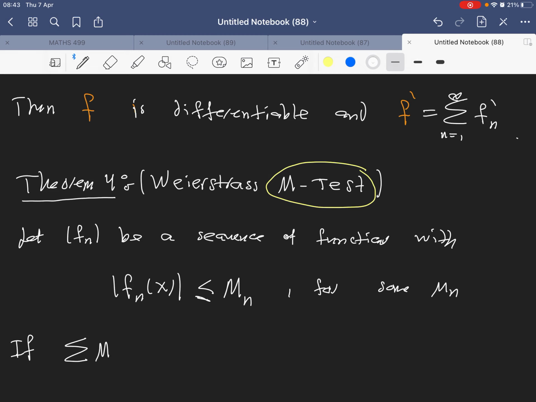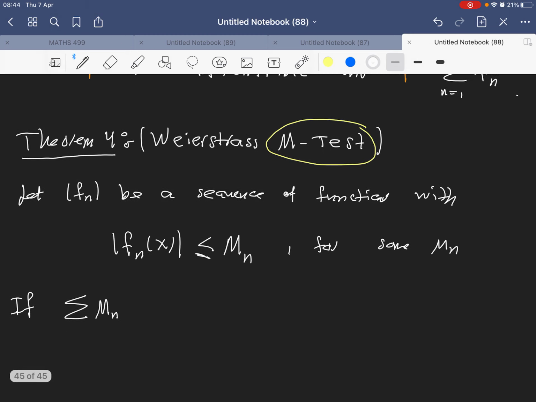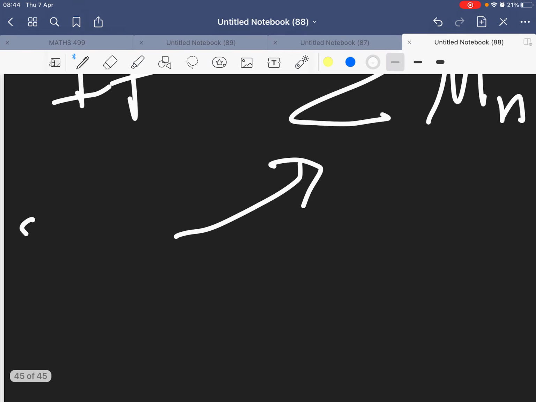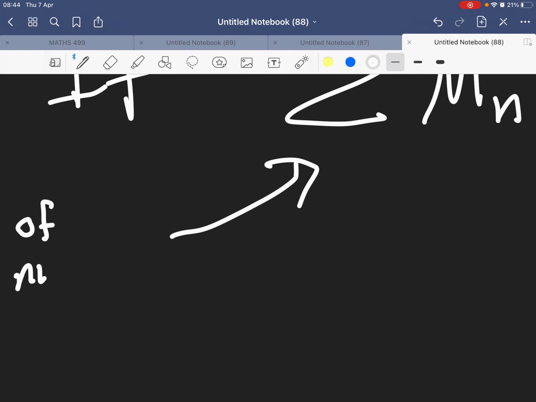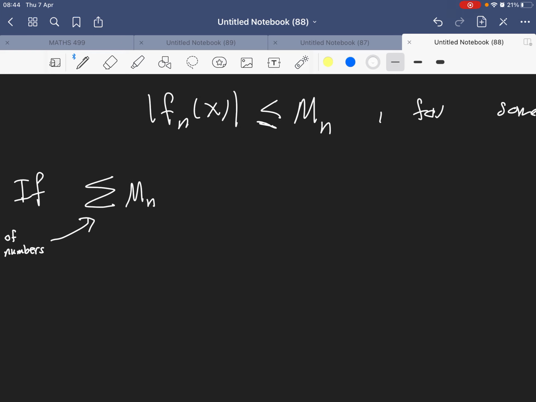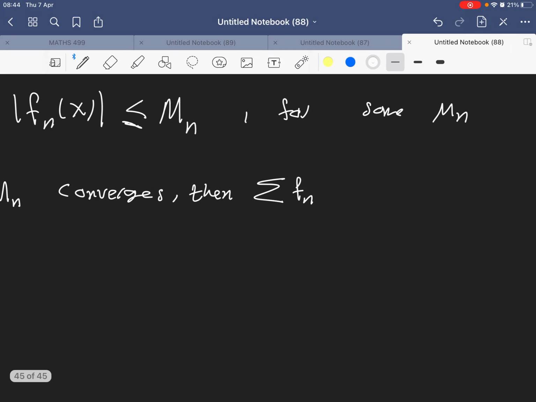If the series of numbers Mn converges, then the series of functions converges uniformly.